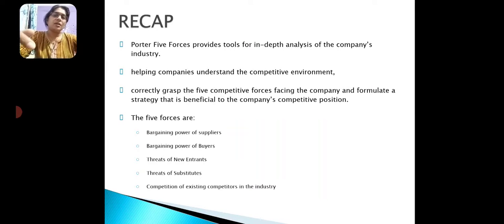So the five forces according to Michael Porter, to check the competitiveness of the industry, are bargaining power of suppliers, bargaining power of buyers, threat of new entrants, threat of substitutes and competition of existing firms in the industry.